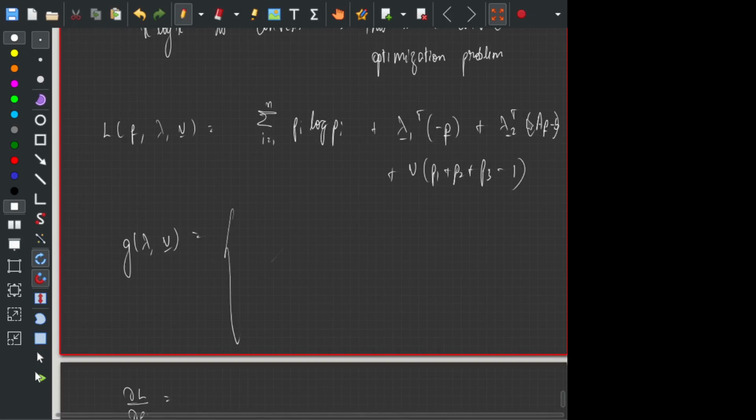Okay, what about the other terms? The remaining part is linear, right? So as the pi's tend to infinity, there could be a particular way of choosing p for which this quantity tends to minus infinity.